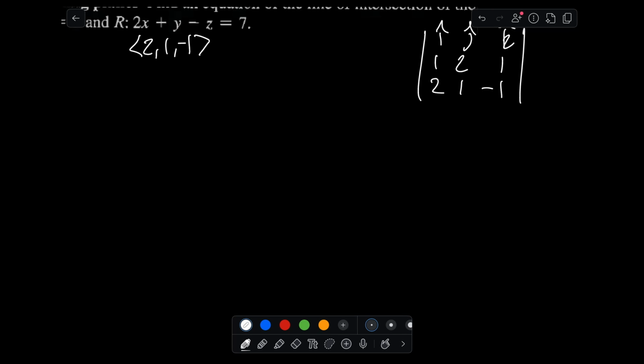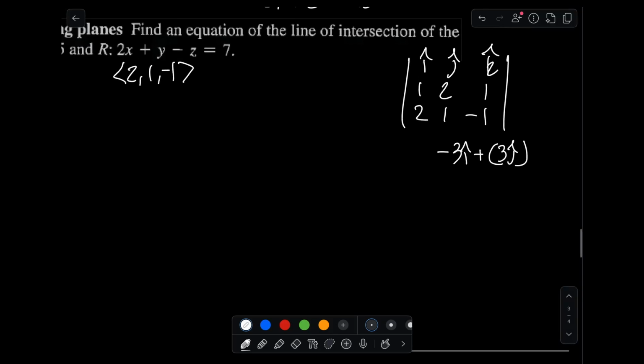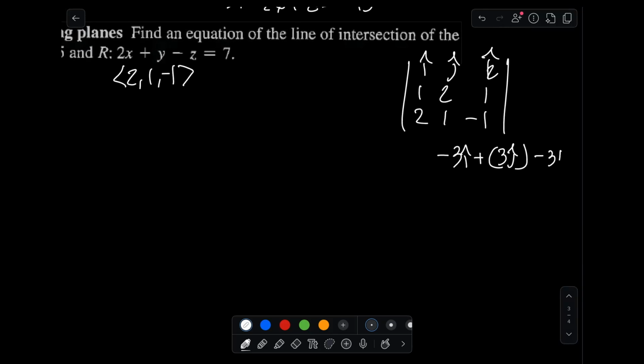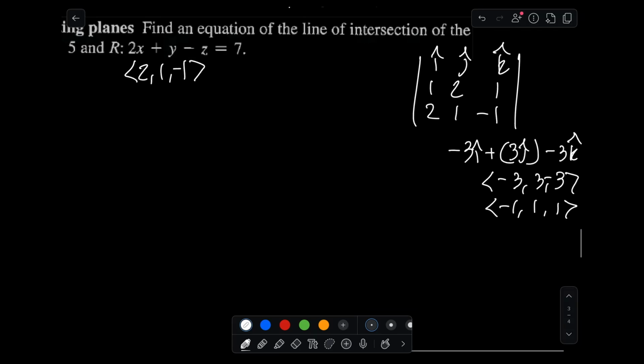And then we will get negative 2, negative 3 i hat, minus negative 1, minus 3. It's going to be plus 3 j hat, minus 3 k hat. We can rewrite this as negative 3, 3, 3, like this. And we can just do a scale factor like we did earlier and above. So now we have our normal vector.